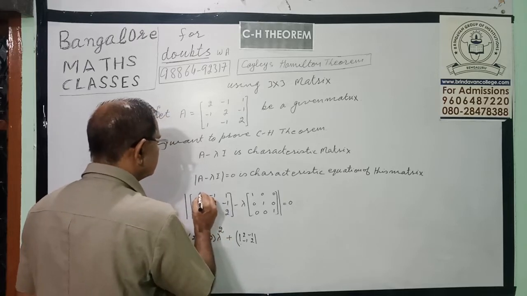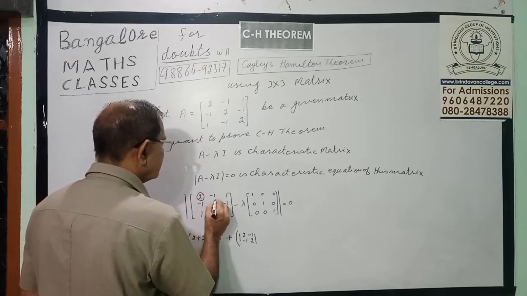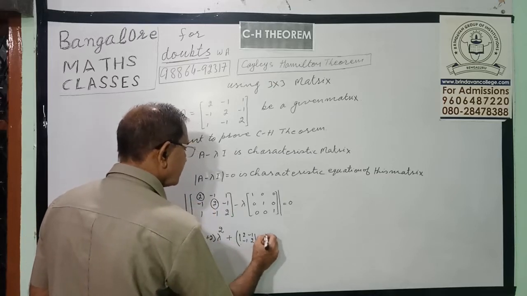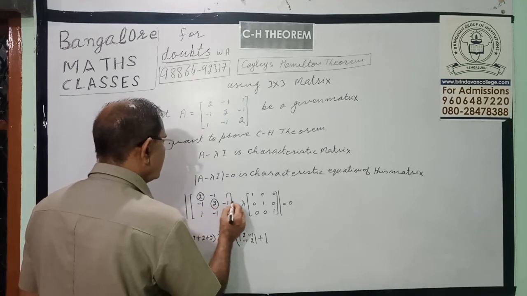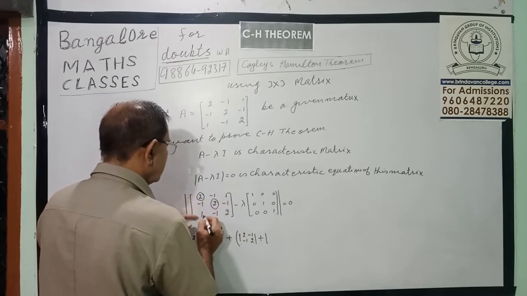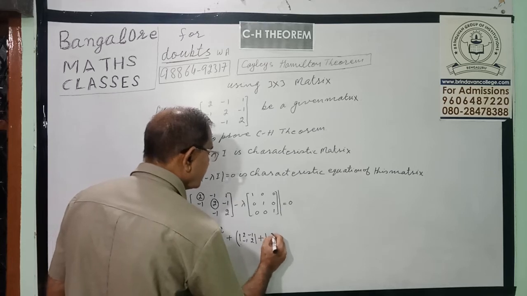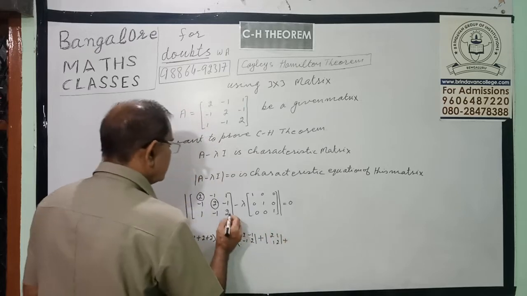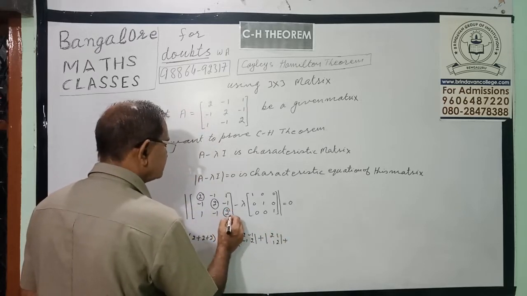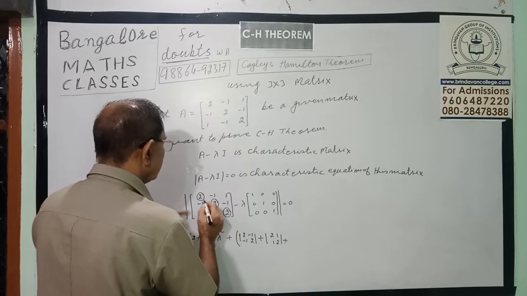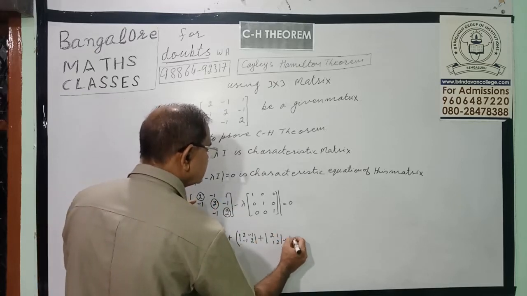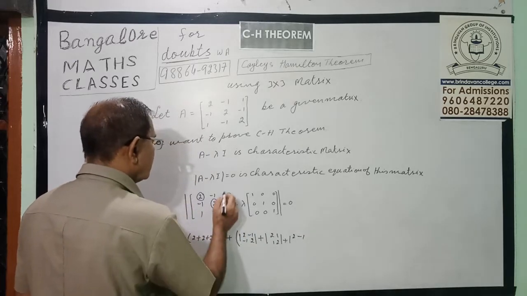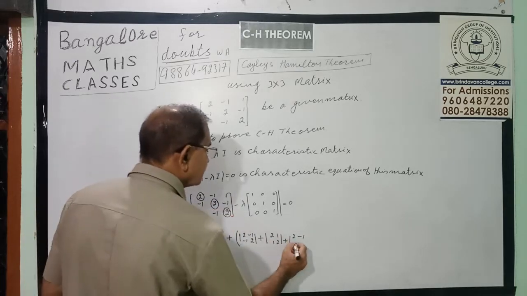Then the minor of this 2: cut the row, cut the column, we get [2, 1; 1, 2]. Plus the minor of that 2: cut the row, cut the column, [2, -1; -1, 2].